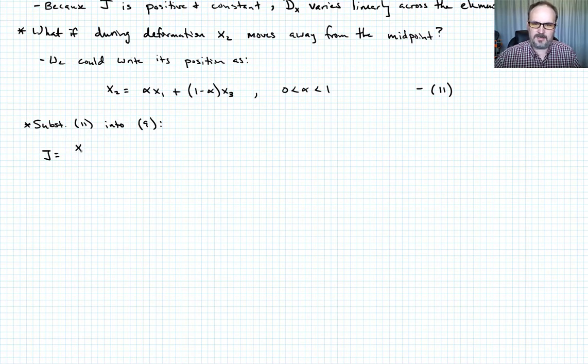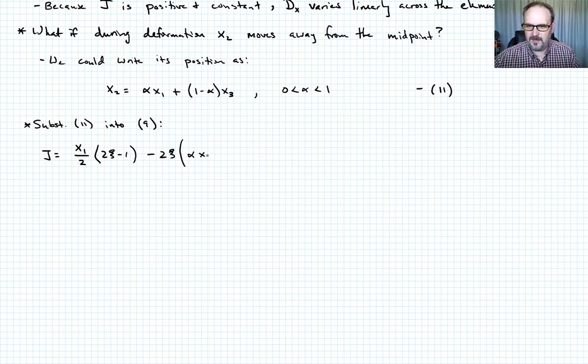So it'll look like x1 over 2. This term doesn't change, 2c minus 1. Now this term will change. This will become minus 2c. And now that x2 term, which is alpha x1 plus 1 minus alpha x3, plus x3 over 2 times 2c plus 1. Okay?